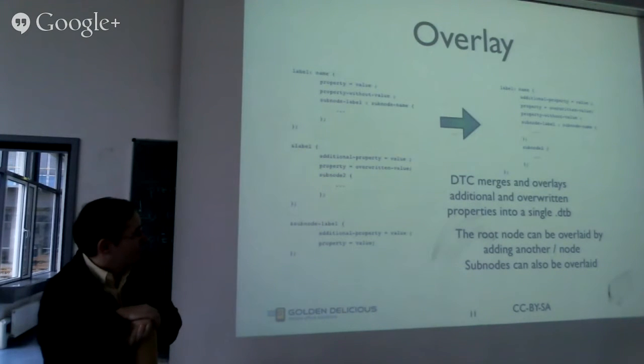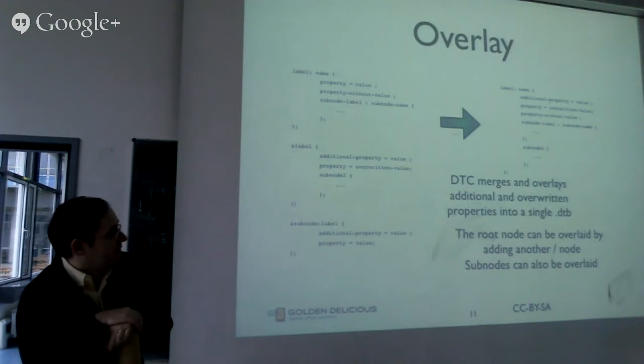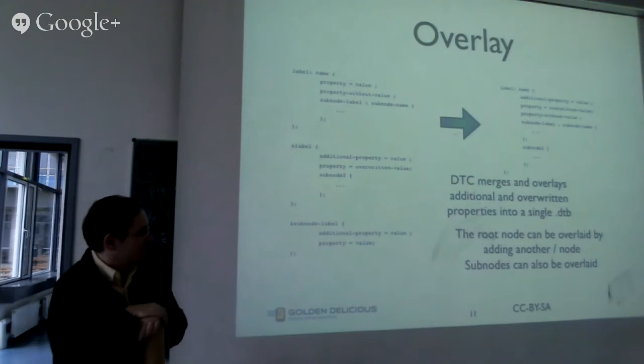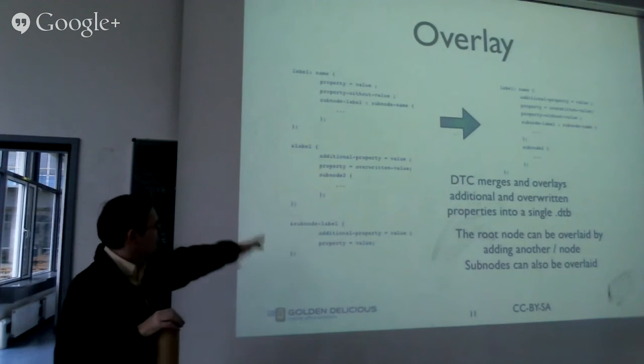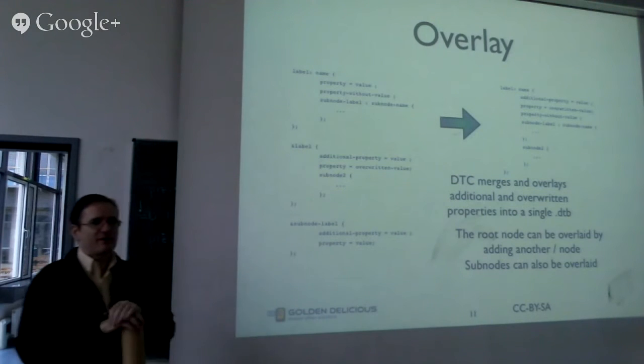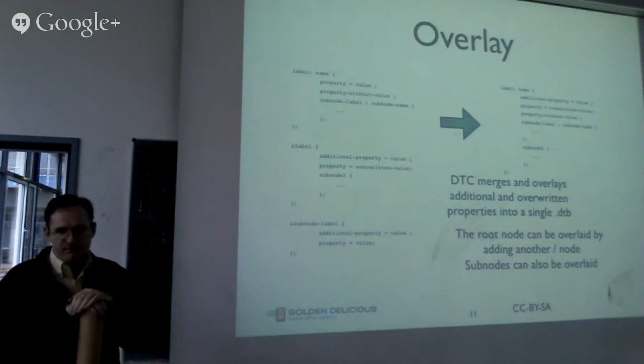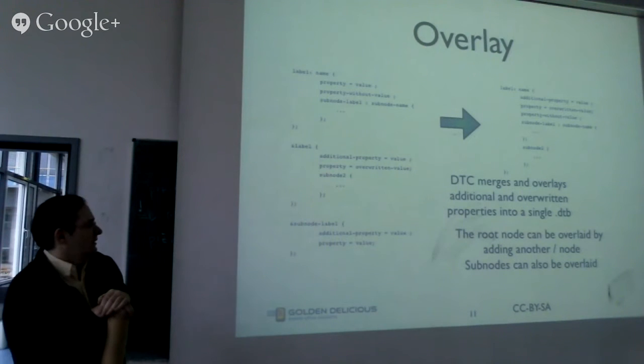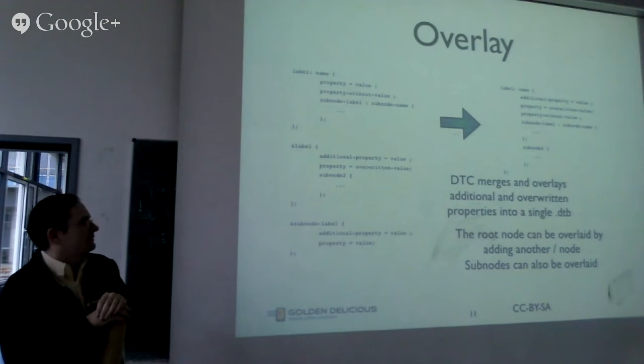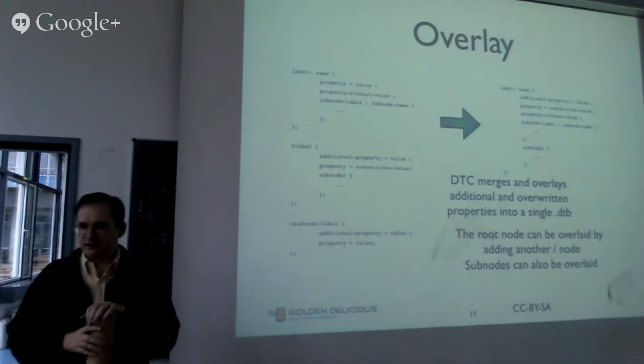We can also overlay the root node, and just add another slash node. In that case, the matching goes not by label, but by name. The device tree compiler merges that and overlays these additional and overwritten properties into a single binary.